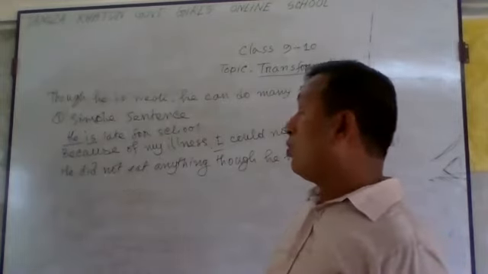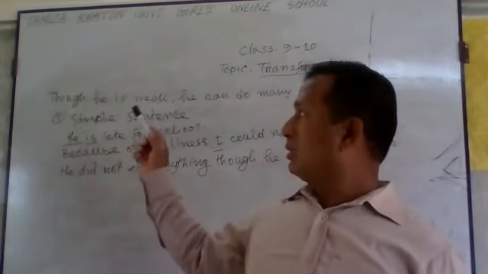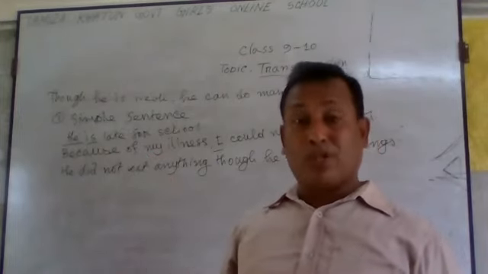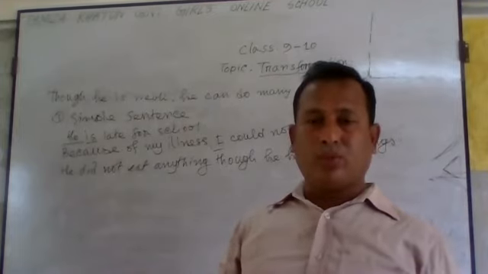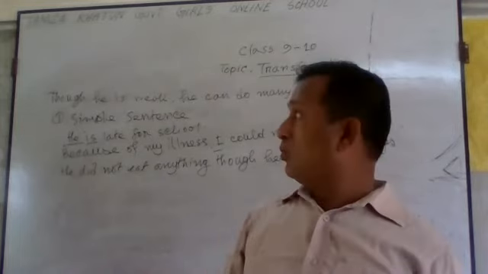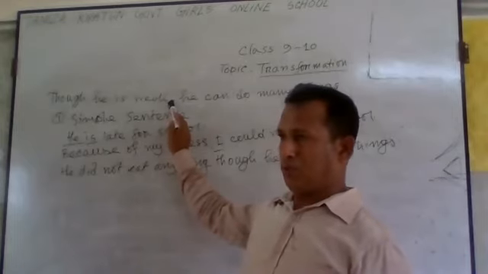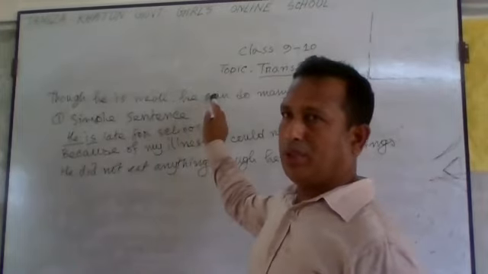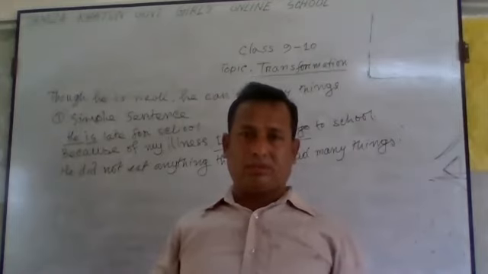And when in the complex sentence we use the subordinate clause at the first, we have to use a comma at the end of the subordinate clause. Okay? And at the last, we will use the principal clause. Keep it in your mind. Okay?